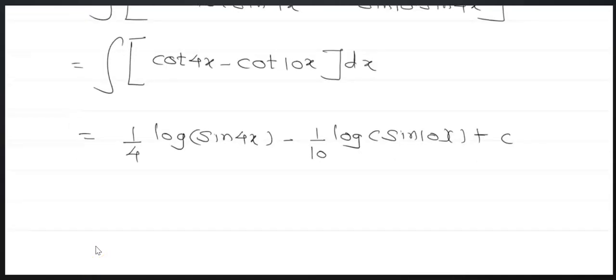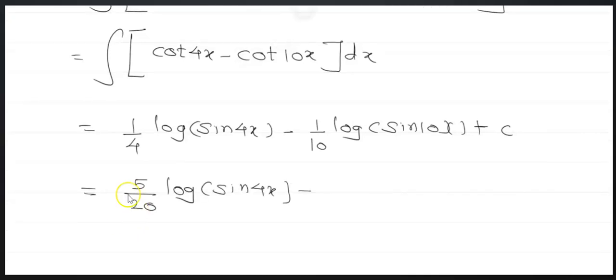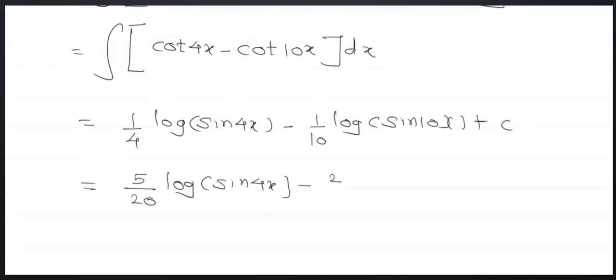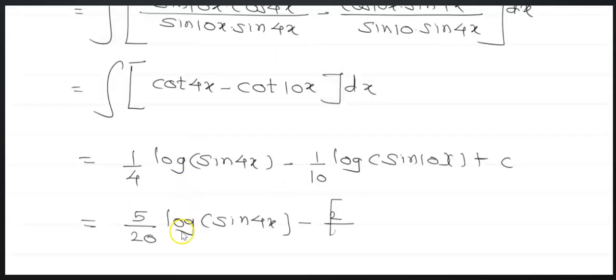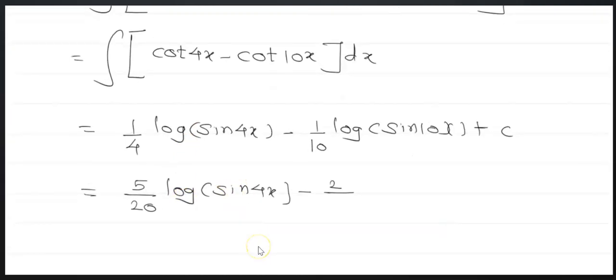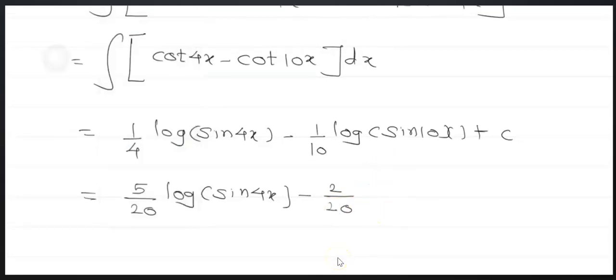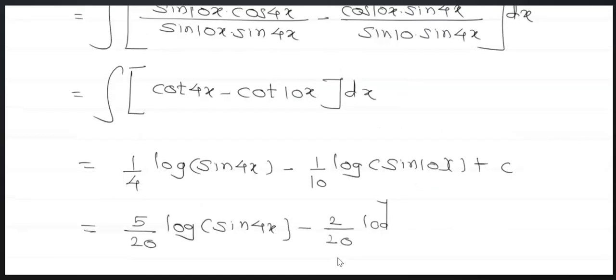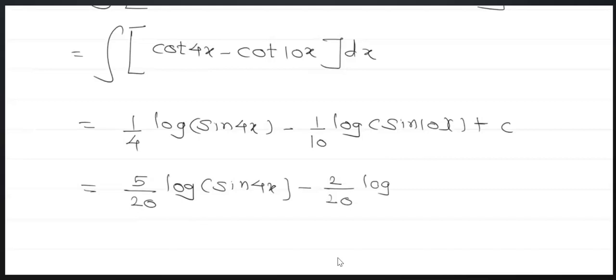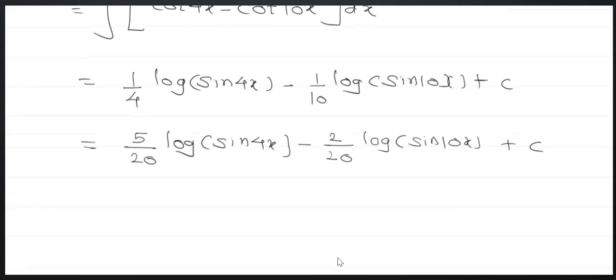This is equal to, we find the LCM of 4 and 10, that is 20. 5 by 20 log of sin of 4x, minus 2 upon 20 log of sin of 10x plus c.